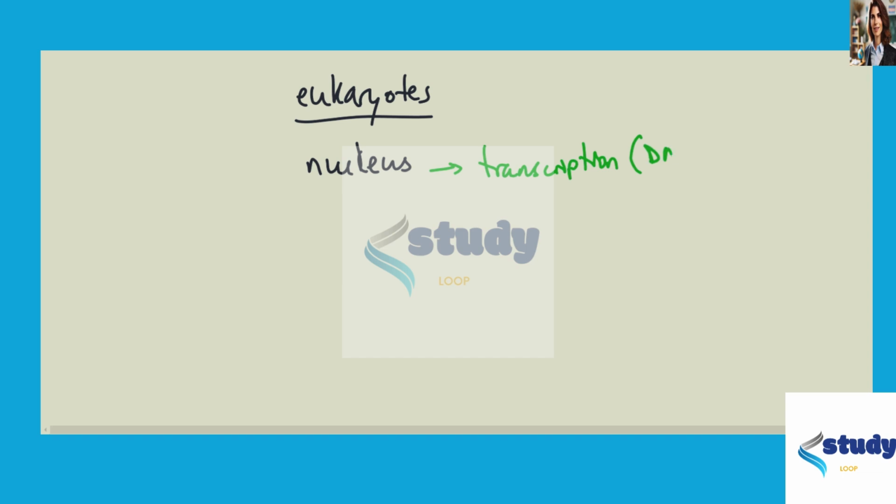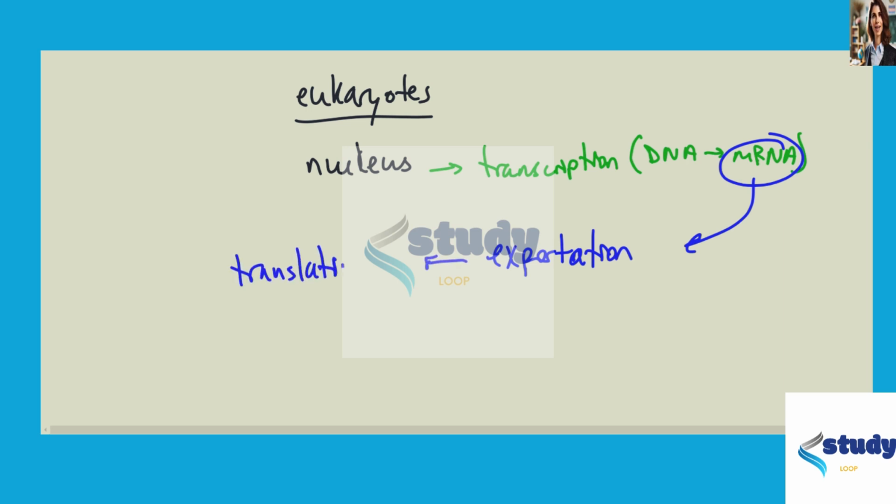So we're taking DNA and making mRNA. This mRNA has to be exported out in order to produce protein via translation.